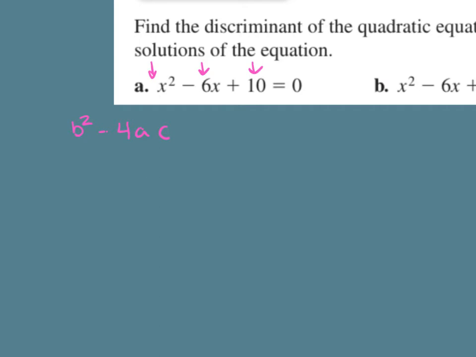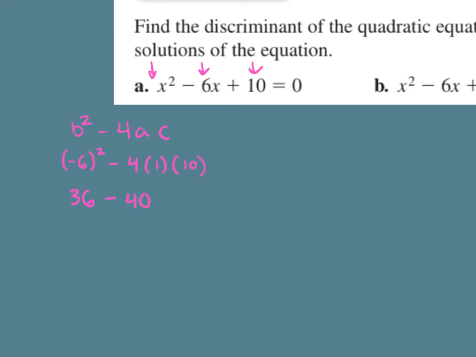So what is our b? -6. We've got to keep the sign with it. And then minus 4. What's our a? And then what's our c? 10. So -6 squared would be 36, minus 4 times 1 times 10, which is 40.